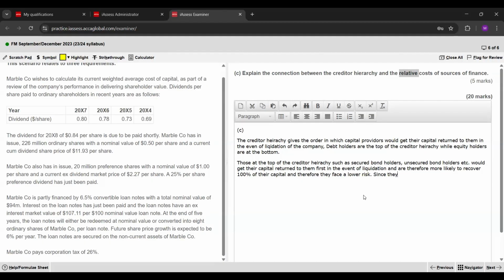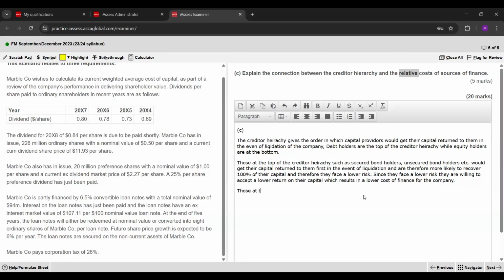Since they face a lower risk, they are willing to accept a lower return on their capital, which results in a lower cost of finance. Okay, done. Next, we are going to talk about those at the bottom.